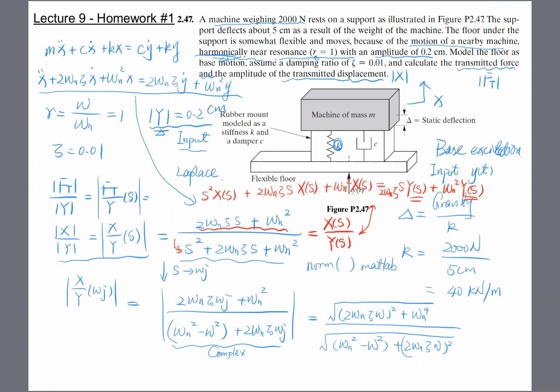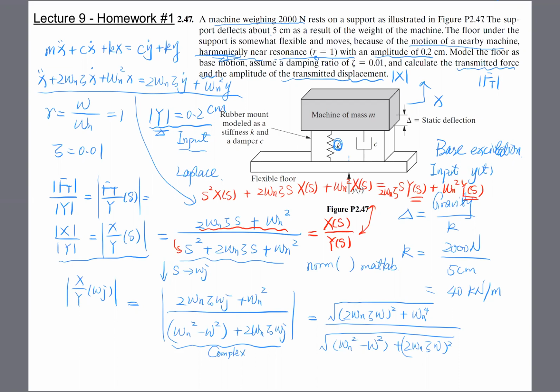Okay, cool. So you can directly calculate your displacement from here. We know omega n, we know omega, and we know zeta. You just plug all this information back into the expression, and then you get the ratio between x amplitude and y amplitude. And we already know y amplitude, so you just multiply this amplitude by the ratio, and you get the x amplitude.